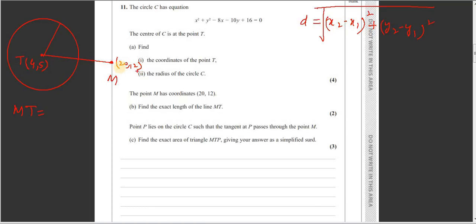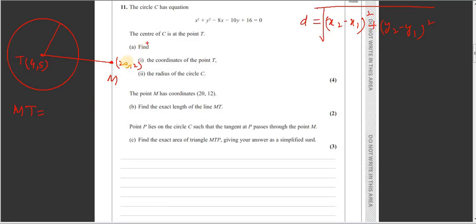In this case, distance between (20, 12) and (4, 5), or length of the line. So you can take any one of the points as (x1, y1) and the other as (x2, y2). It's your choice, you will get the same answer.